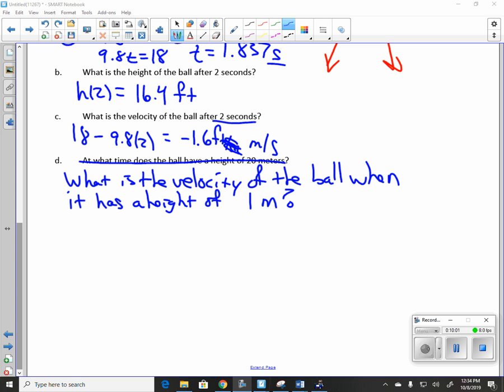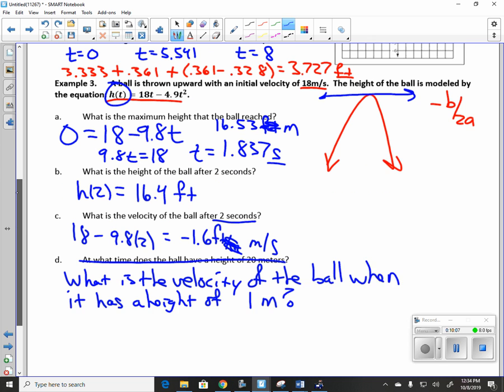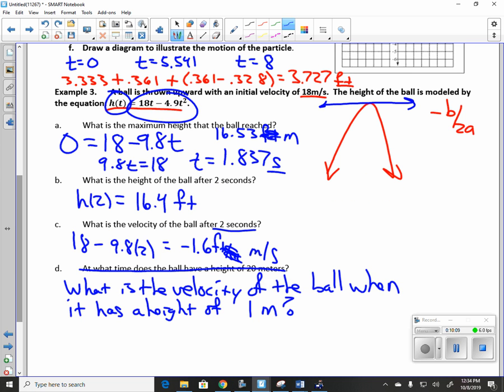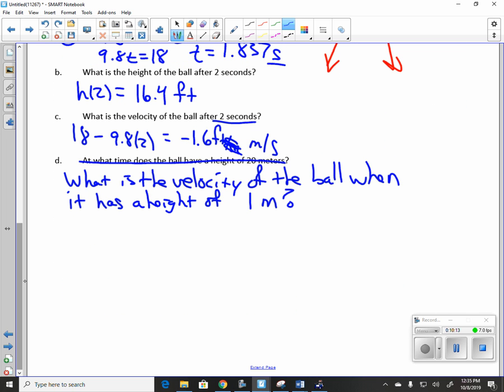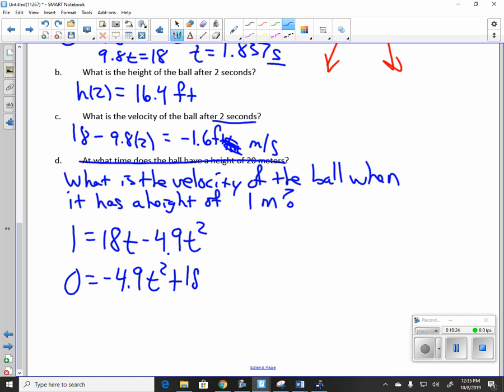Go. Okay, well, what do you got? What do you do first? Close. We want to know when the height is equal to 1, correct? First, we need to figure out at what time it is equal to 1. So 1 equals 18t minus 4.9t squared. Or 0 equals negative 4.9t squared plus 18t minus 1.